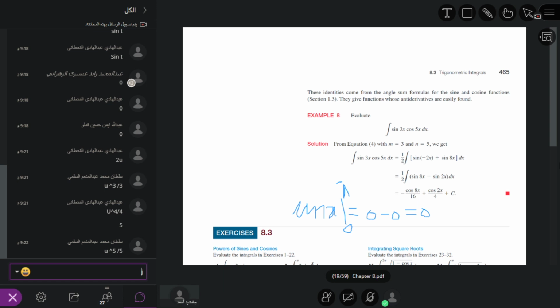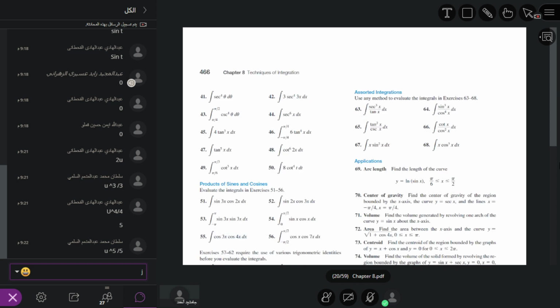So here the final answer is tan power 3 x divided by 3 plus tan power 5 x divided by 5 plus constant. So this is the solution. After that, we have to solve question number 55.